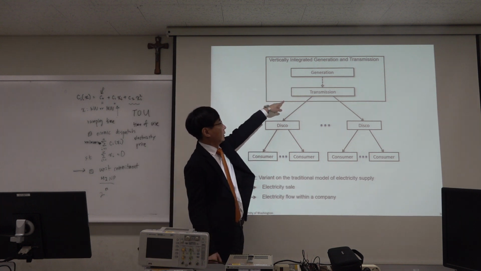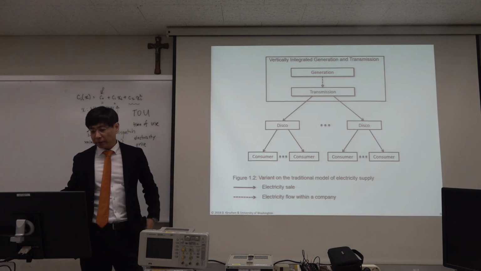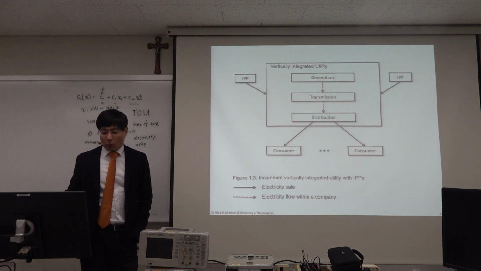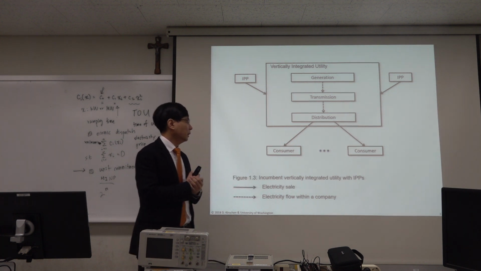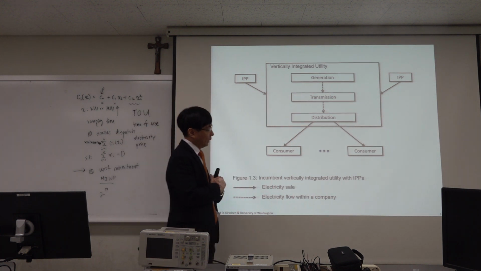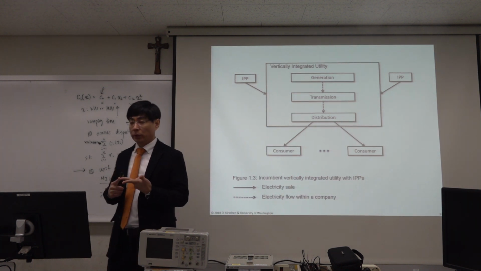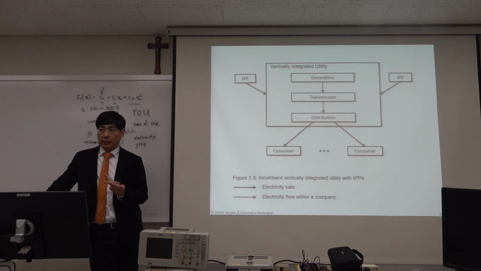Here, generation and transmission are still vertically integrated, but we have several DISCOs. Or another model is incumbent vertically integrated utility, with IPP. Here, this IPP means independent power producer. In Korean, that is called 독립발전사.